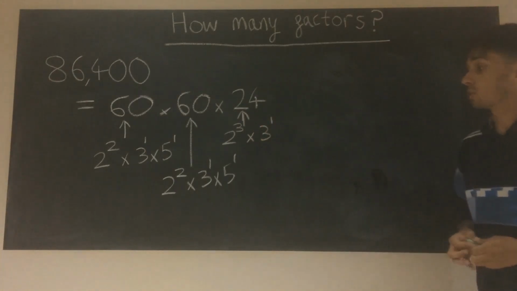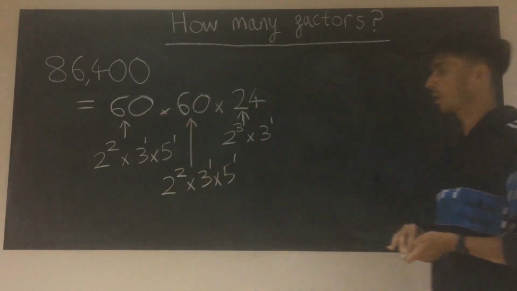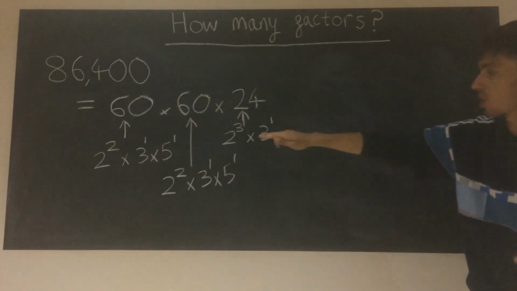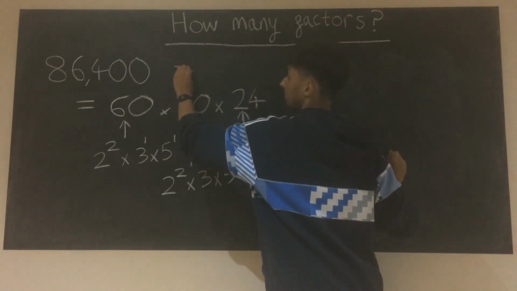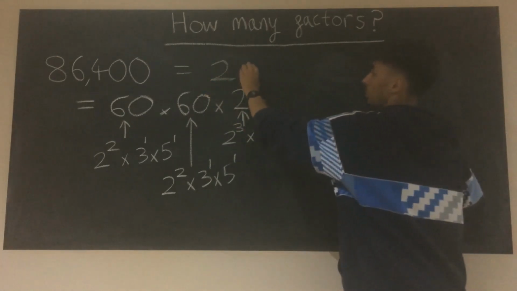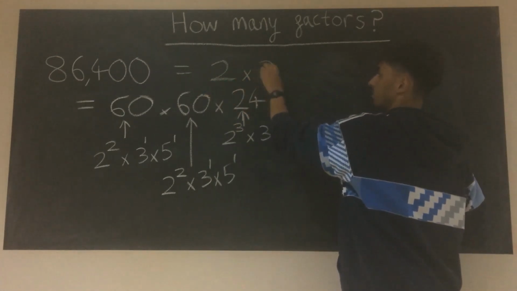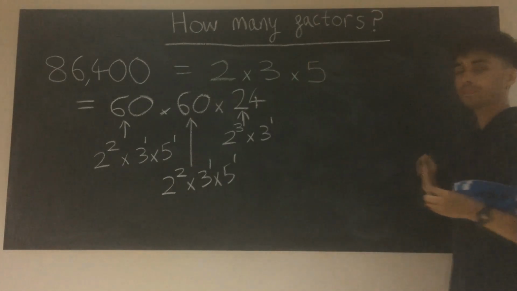Well, now what we need to do is put all of these together into one massive index power. So we're going to have some powers of 2, some powers of 3, and some powers of 5.